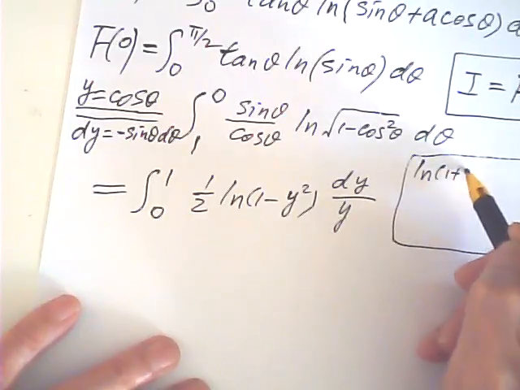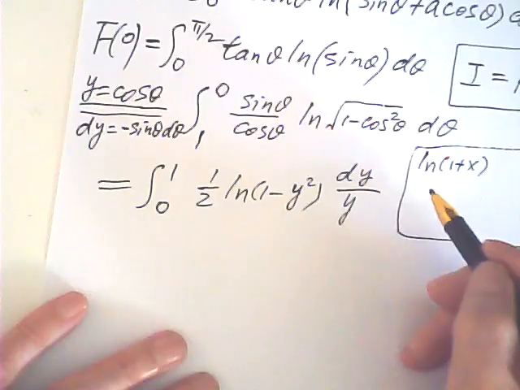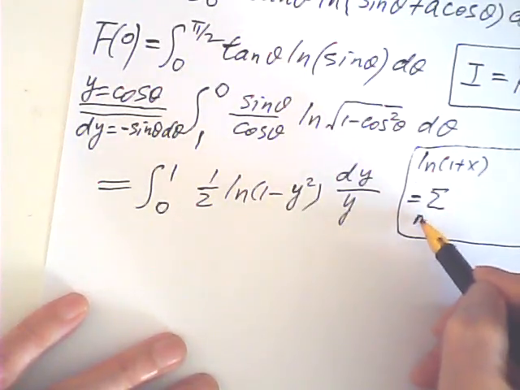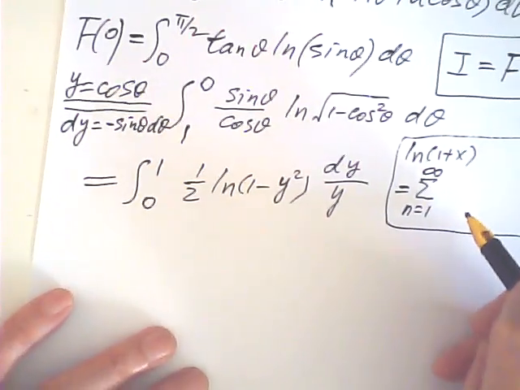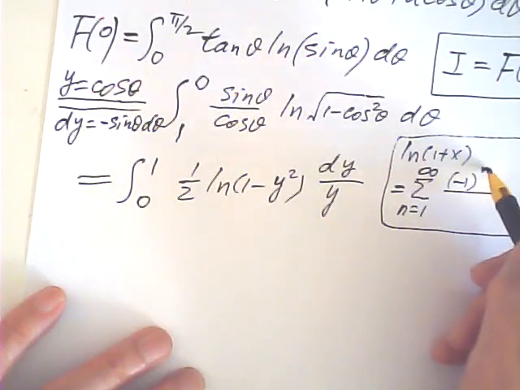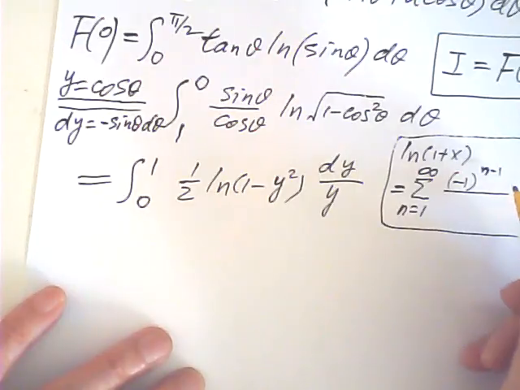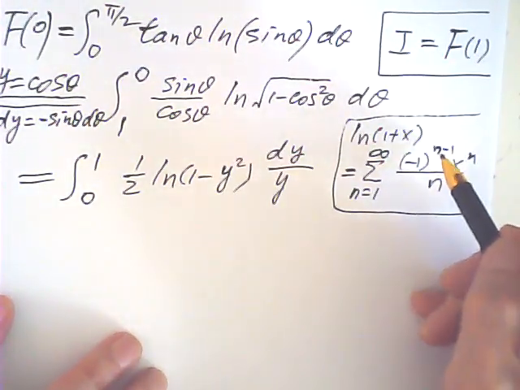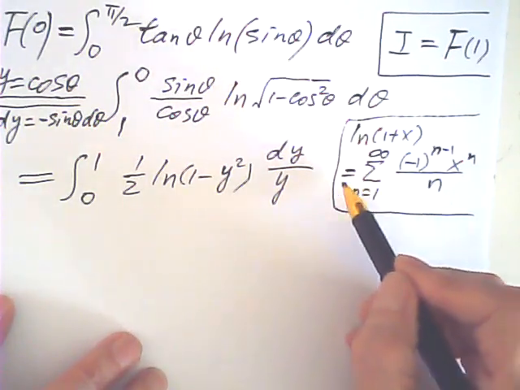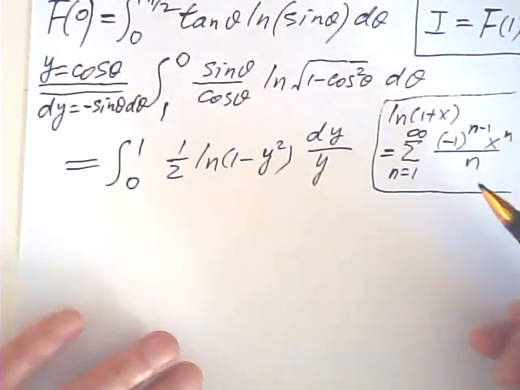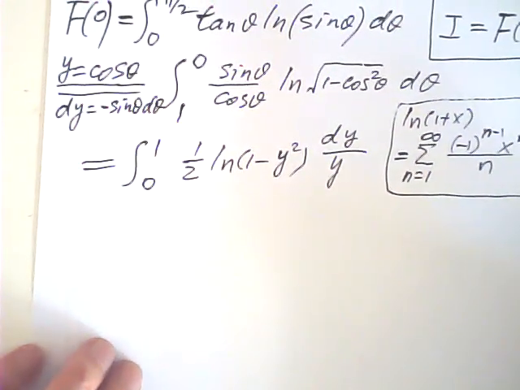Log 1 plus x is equal to sigma n equal to 1 to infinity of negative 1 to the n minus 1, x to the power n over n. Now, if you don't use n minus 1, then you put a negative outside. Negative 1 to the n, right? Outside is negative 1. But the same thing. Okay.